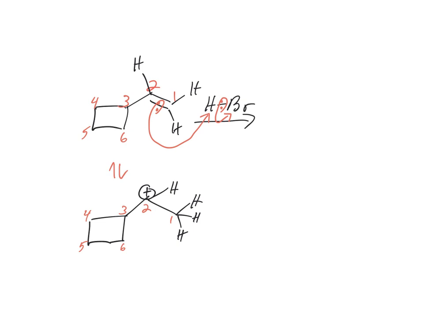carbocation. That's not the most stable carbocation in the world. Can we make it rearrange to make it more stable? Also, let's not just think about the carbocation, let's think about the molecule as a whole. Somebody should be looking at this and saying, that's a square. Squares have 90-degree bond angles. I hope that's what you're thinking. What's the hybridization state of all the atoms in the square? sp3.